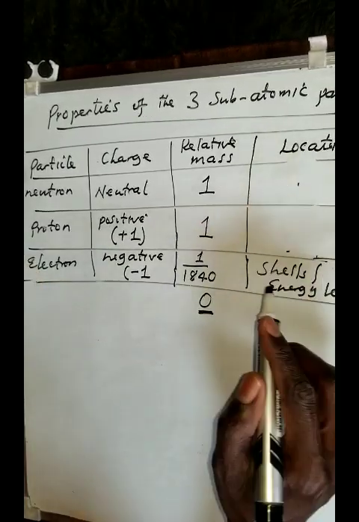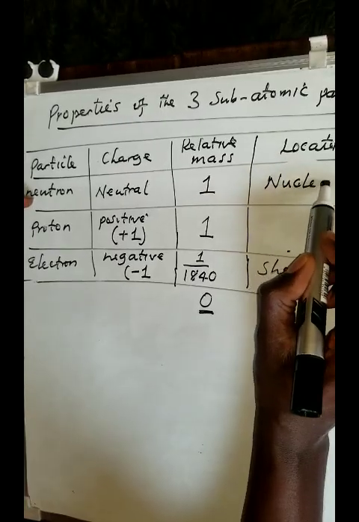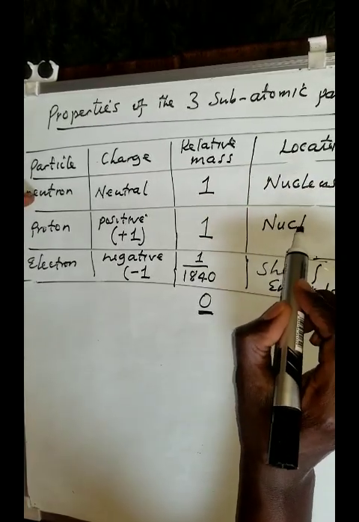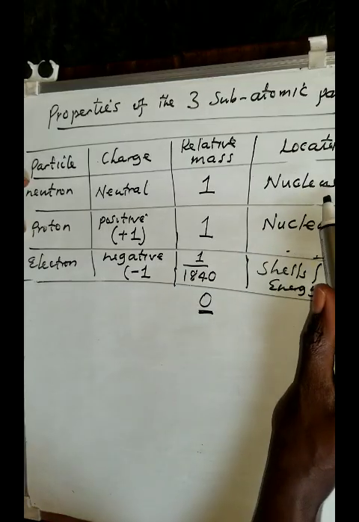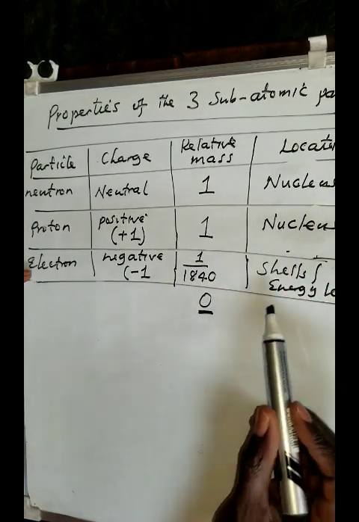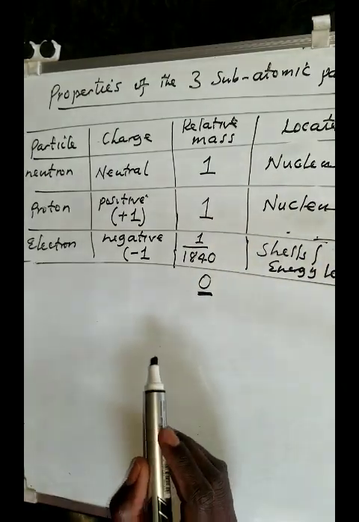As you advance, you are going to understand more about these energy levels and what we call orbitals. But for the protons and the neutrons, we said that these are found in the nucleus. So that is what you need to remember. Both the neutrons and the protons are located in the nucleus, and electrons are located in the shells, which we sometimes call the energy levels.